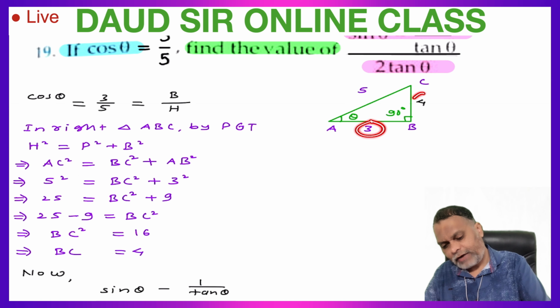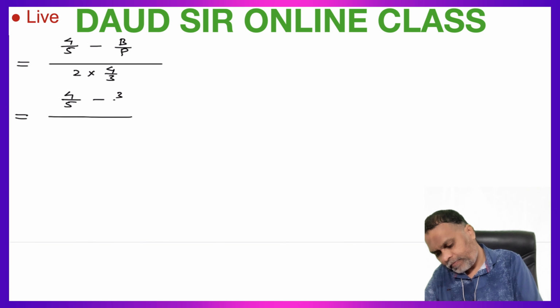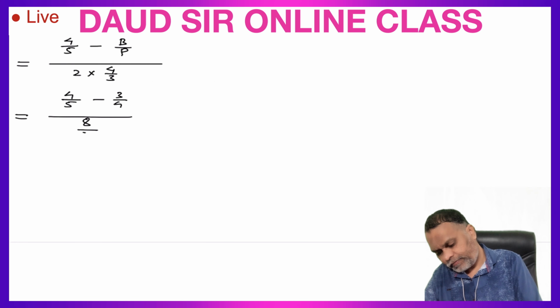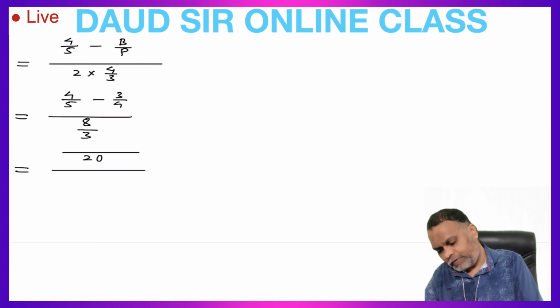Base is 3 and perpendicular 4, so 3 upon 4, upon 4 2s are 8 upon 3. In the numerator, take LCM. LCM of 5 and 4 is 20. 5 4s are 20, 4 4s are 16, minus 4 5s are 20, 5 3s are 15, upon 8 upon 3.